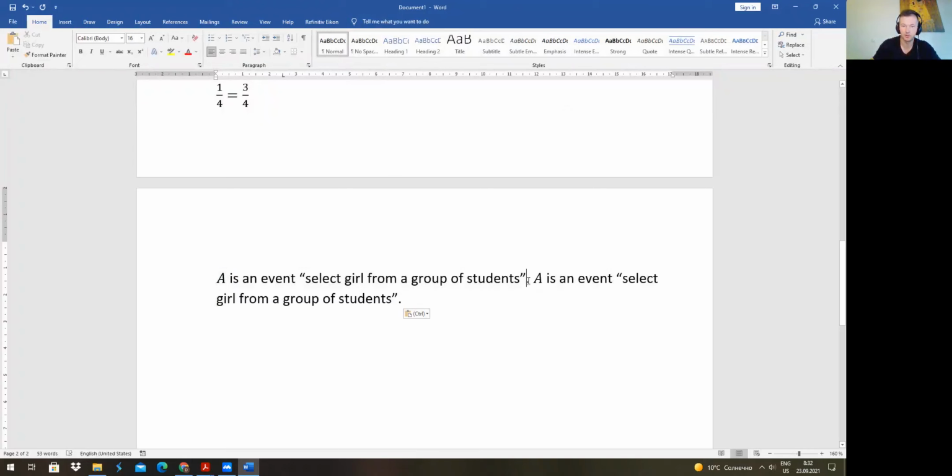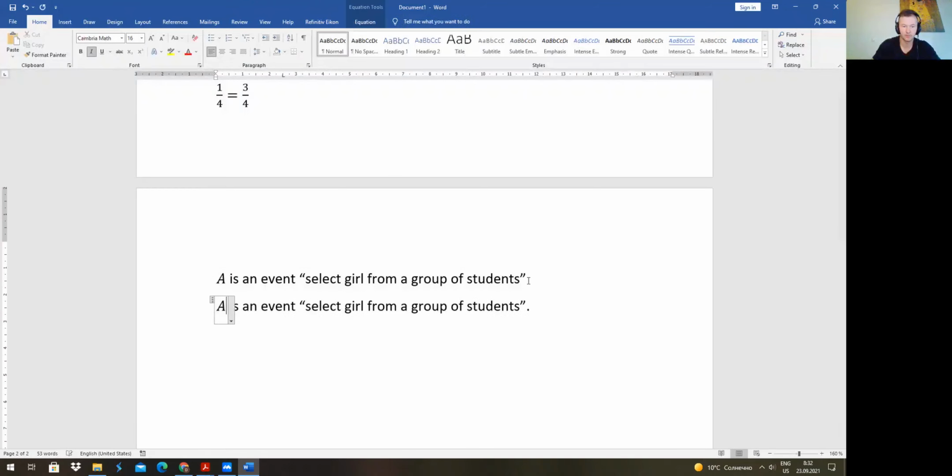Not A. Now, let's say B is an event: select a brunette person from a group of students.